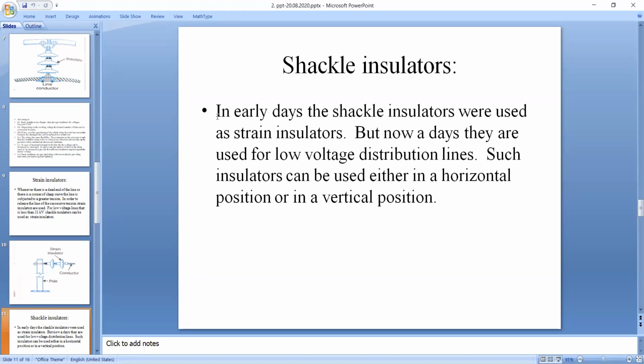But the main suspension type insulators are mainly used for transmission purposes, for handling high voltages, whereas the shackle insulators are mainly used for handling low voltages, especially at the distribution end. So do not expect that too many discs will be connected or used in shackle insulators. In case of pure suspension type insulator, you can expect that.